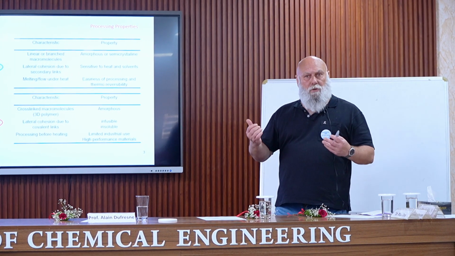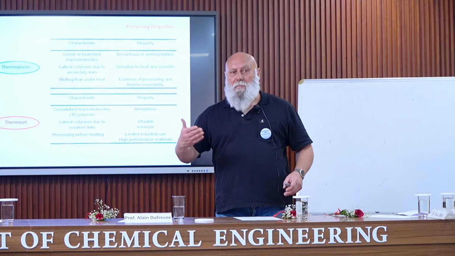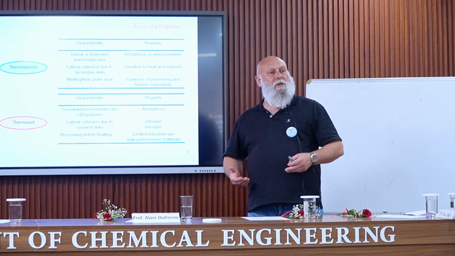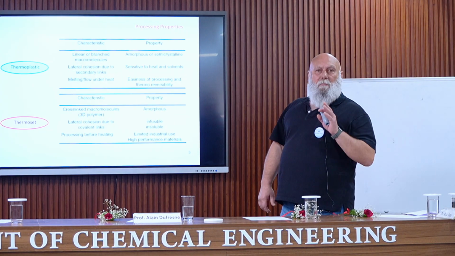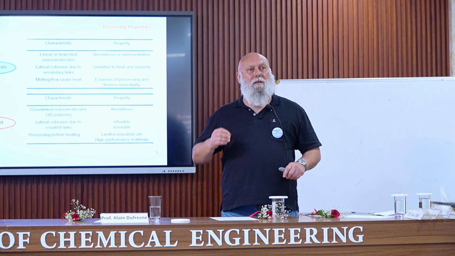So it can be hydrogen bonds, for example, or ionic interaction, and so on. Secondary links is maybe not the right denomination, because in some cases, these secondary interactions are stronger than the covalent bonds. Do you have any example of such a polymer?